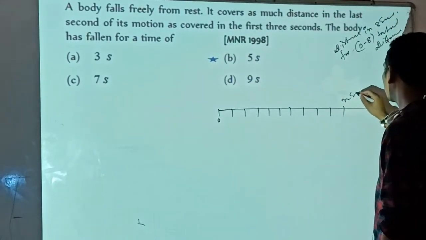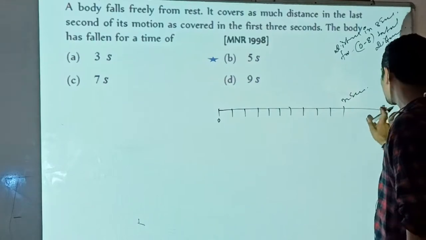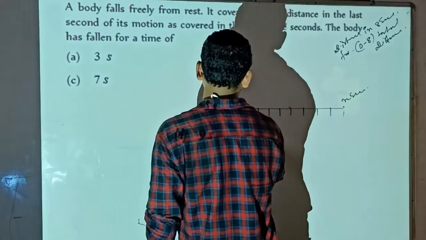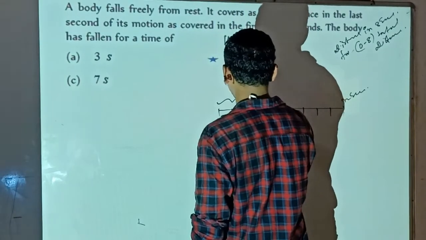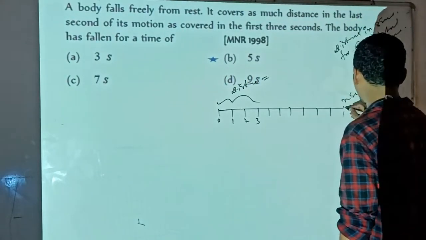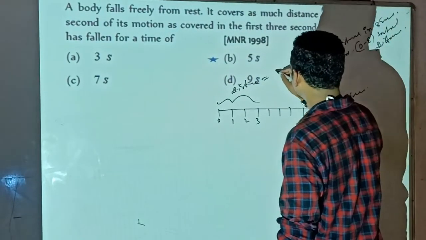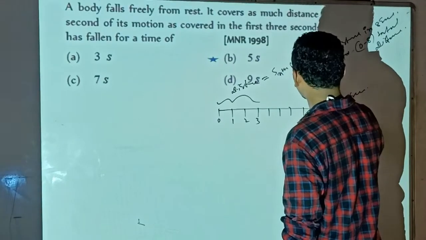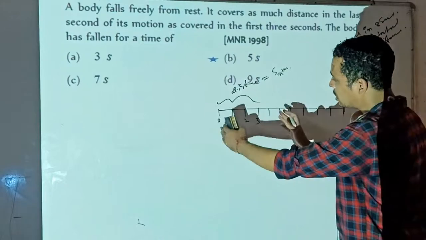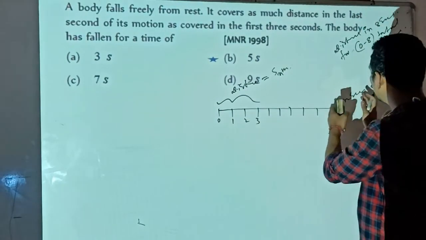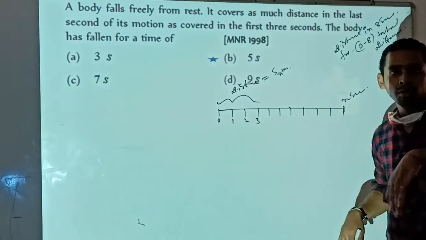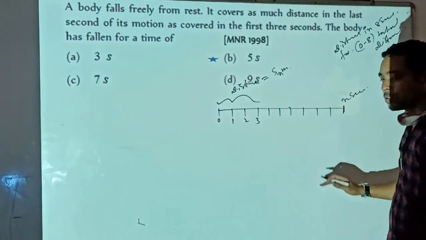Suppose at n seconds the object stops. The distance travelled in the first 3 seconds, 0 to 3, is equal to the distance travelled in the nth second. Since n is not mentioned here, you are going to find out the value of n.